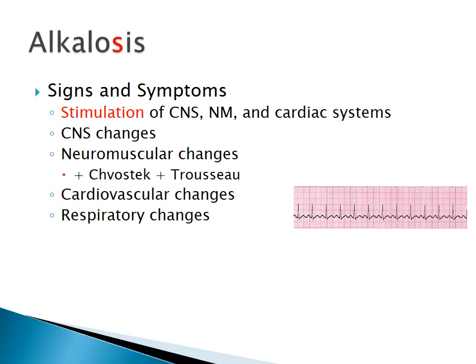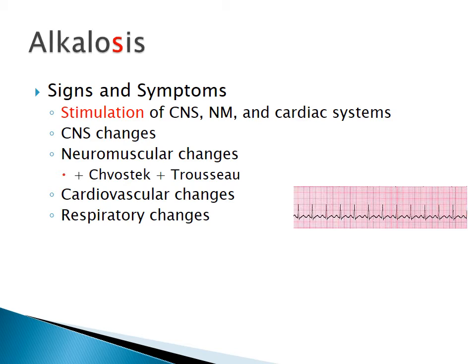Signs and symptoms, there you get, I have my little alkalosis with the S and the stimulation of the CNS. So we're going to see stimulation of the CNS, neuromuscular, and cardiac system, and it's all related to hypokalemia and hypocalcemia. As those potassium and calcium levels go down, we are going to see these changes occurring.